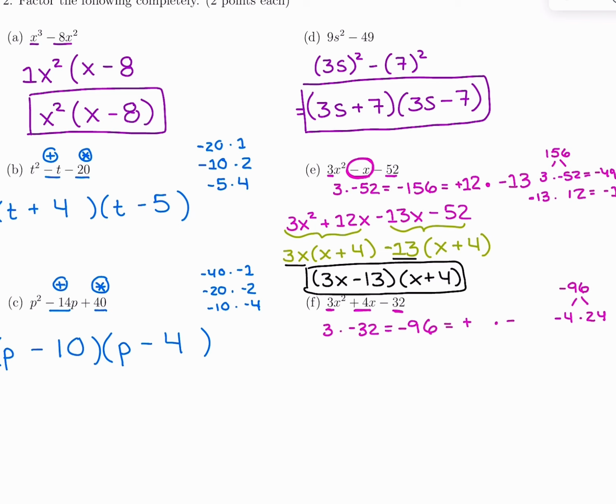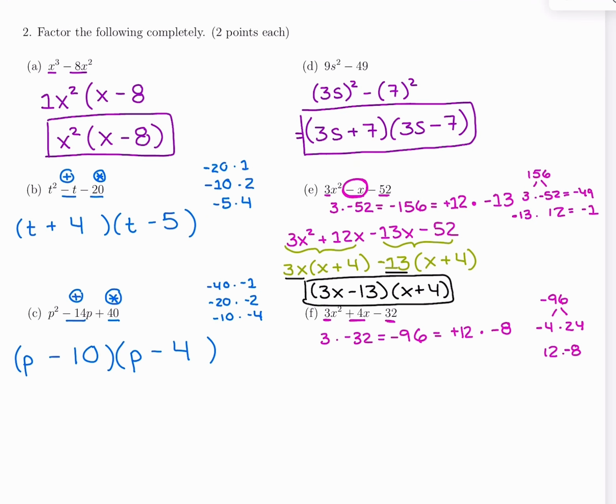I might divide 96 by 12 and see if that works. So we'd have 12 times 8. I want it to add up to be positive 4, so I'm going to make sure the smaller number is the negative one. 12 times negative 8 is negative 96, and 12 minus 8 is that positive 4 we need.